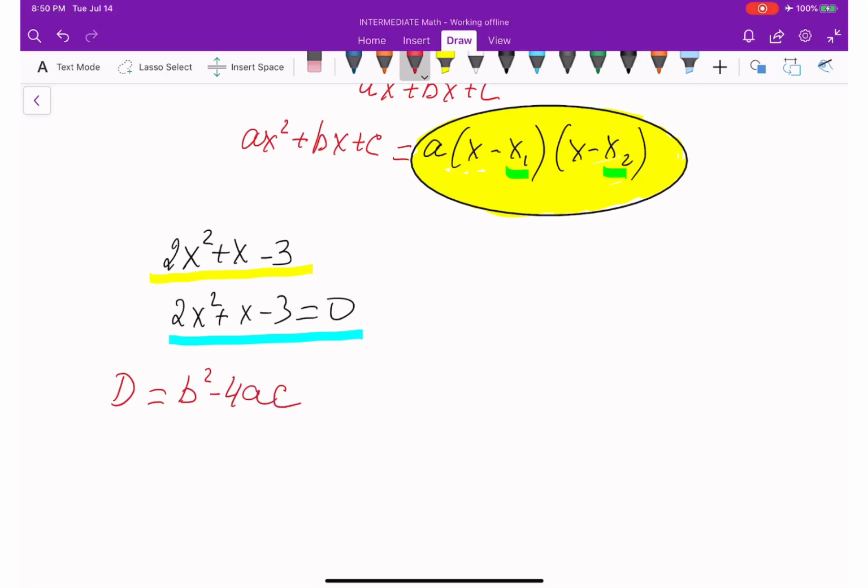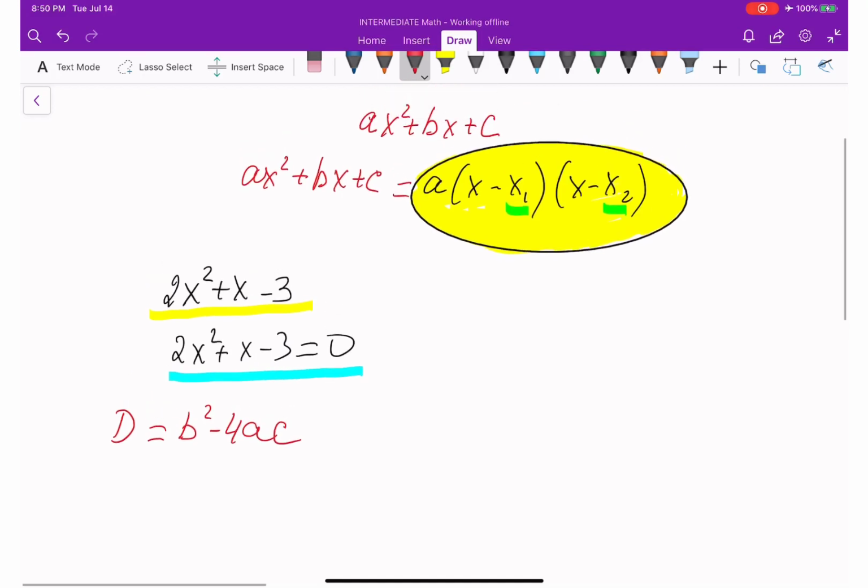All right, let's write it down. So if I put it here, ax squared plus bx plus c, this format, because I need to find a, b, and c.